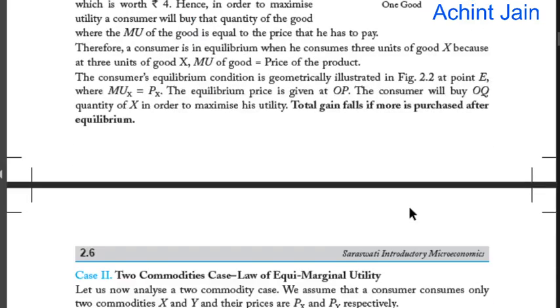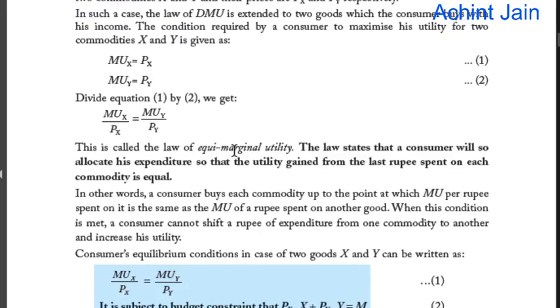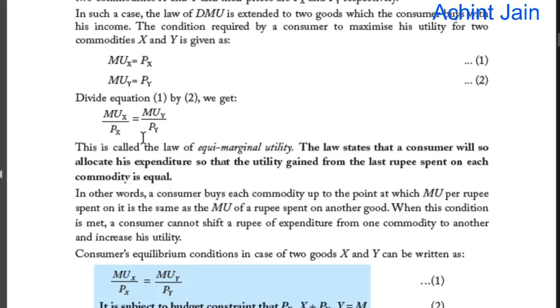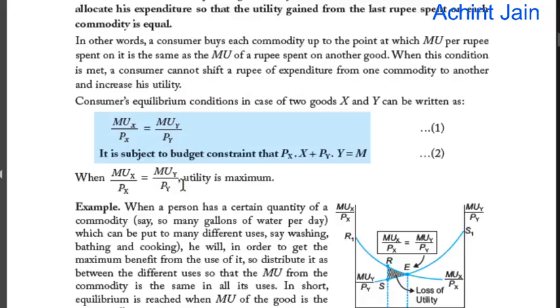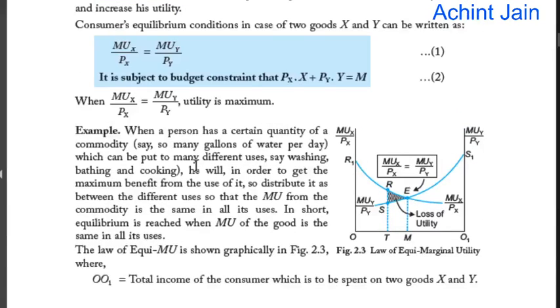In the case of two commodities, the consumer equilibrium is MUx divided by Px equal to MUy divided by Py. This means the ratio between utility and price is equal for both products. You can see it with the help of the diagram.